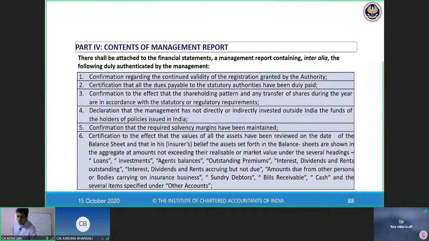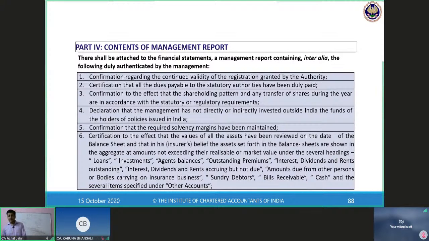Then confirmation to the effect that shareholding pattern and any transfer of shares during the year are in accordance with statutory and regulatory requirements. Confirmation that the required solvency margins have been maintained.